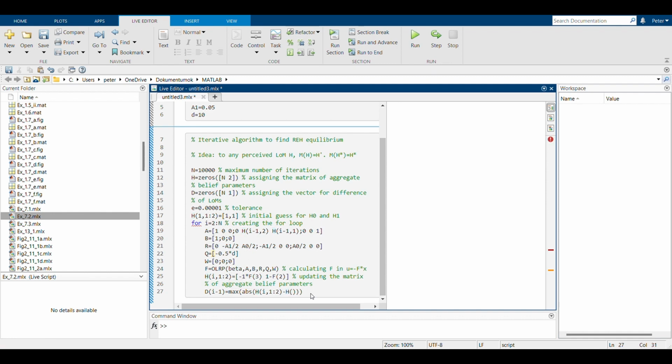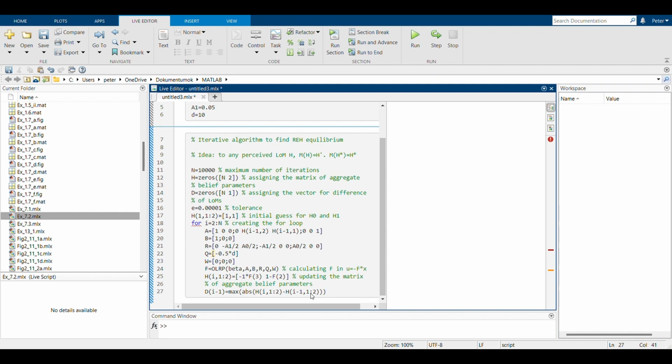We want to find the difference between two rows, and we need the absolute value, and we need the largest of the two, because I'm saying 2 because the law of motion has two parameters. So we compare the parameters h0 to h0, h1 to h1.